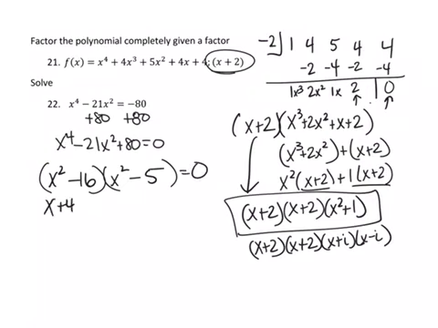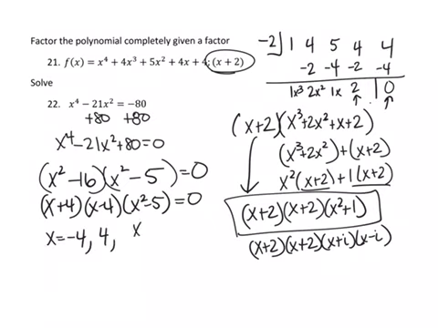This factors more, x plus 4, x minus 4, x squared minus 5. And then my x equals negative 4, positive 4. And x squared minus 5 equals 0. I can solve that by adding 5 to both sides. X squared equals 5, plus or minus the square root of 5. And there are my 4 solutions.